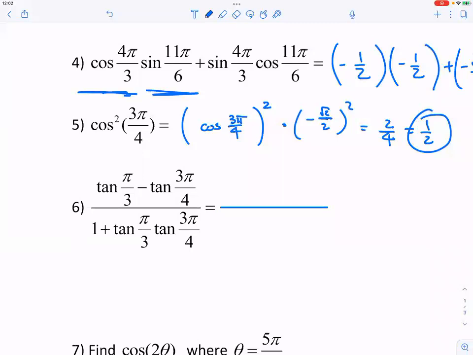Okay, so let's take a look together. So, parentheses, 1 plus parentheses times parentheses. Tangent of pi over 3, you should write down square root 3. Tangent of 3 pi over 4, you should write down negative 1. Any question about these two values?